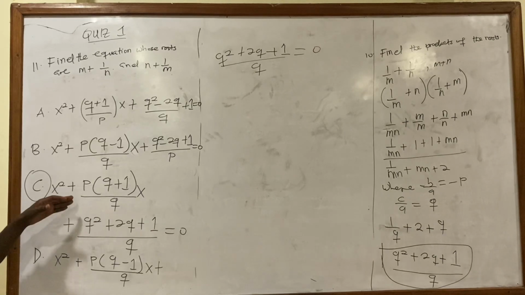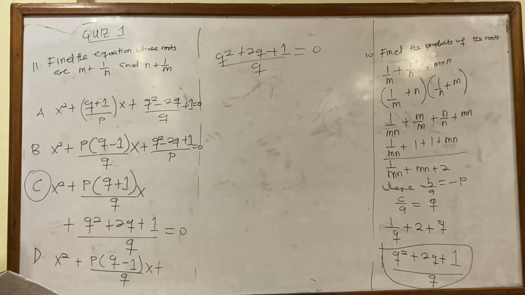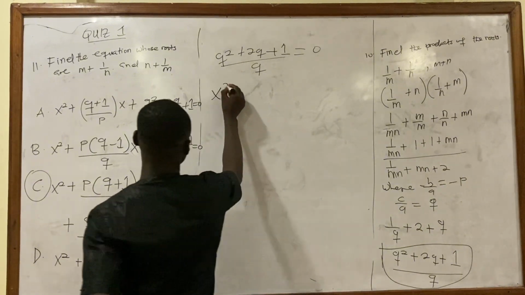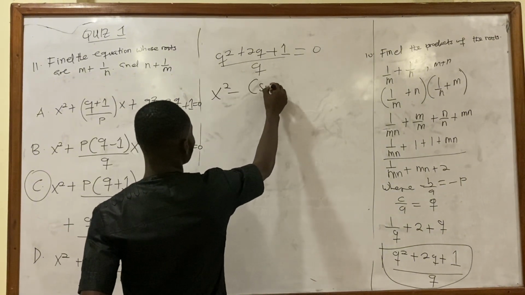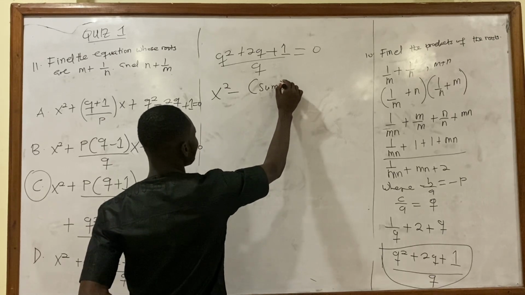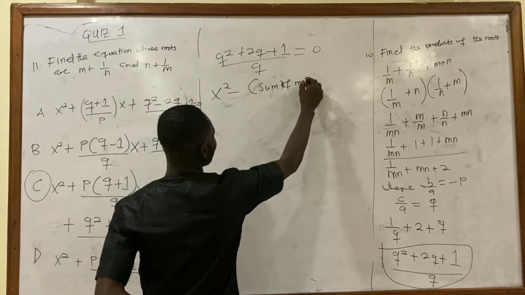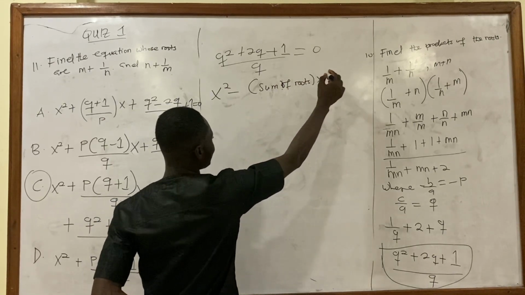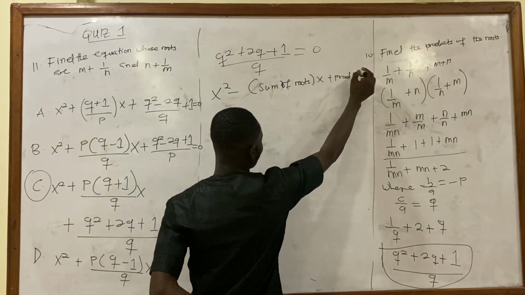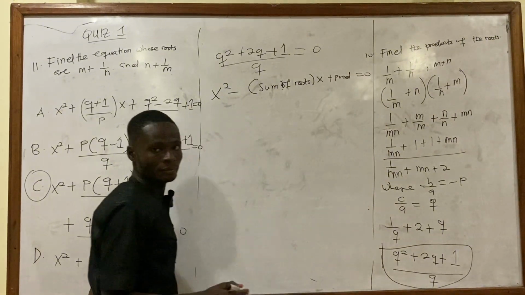We just combine them because you know that the equation formula is x squared minus the sum of roots times x plus the product of roots, should be equal to 0.